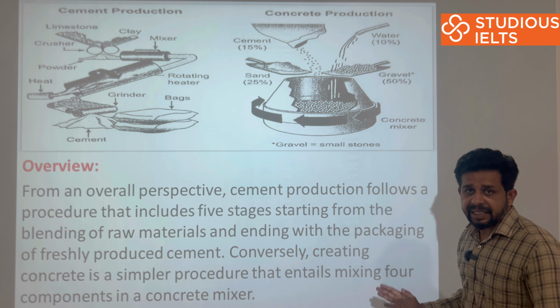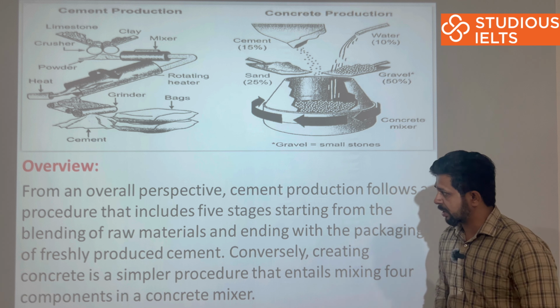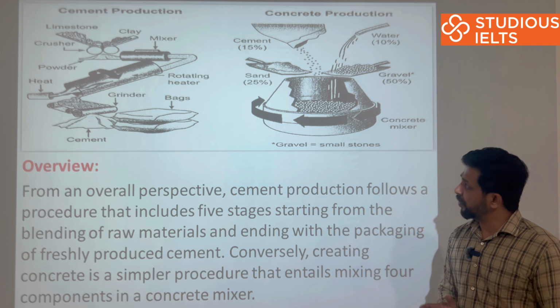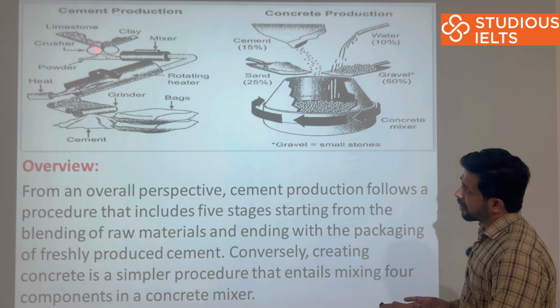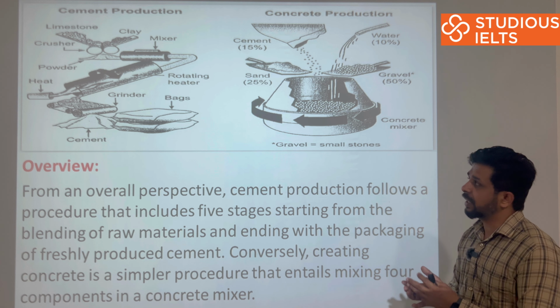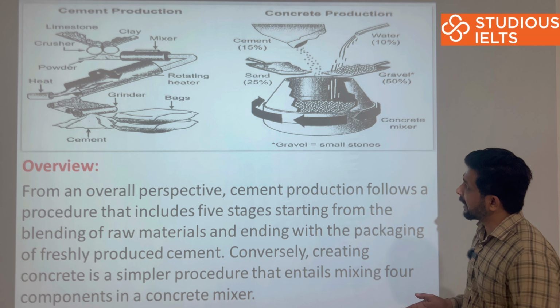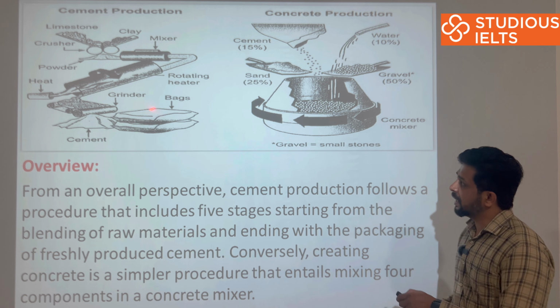So you can clearly see that cement production is a process or a procedure in which there are a number of steps that we have already mentioned. Firstly, different kinds of raw material are blended together and mixed further, right? Then it is heated in a rotating heater, then it is ground as well, and finally it is packed into bags.